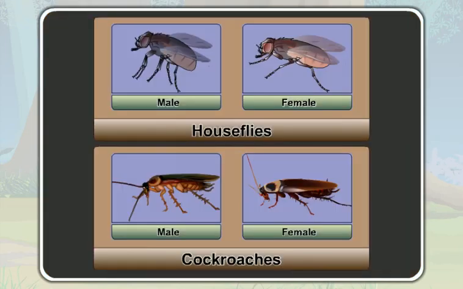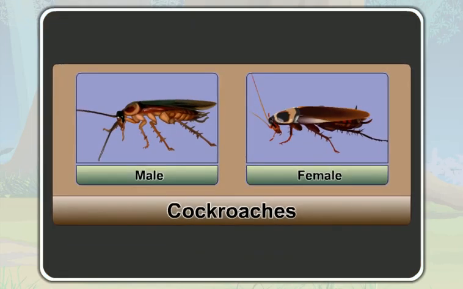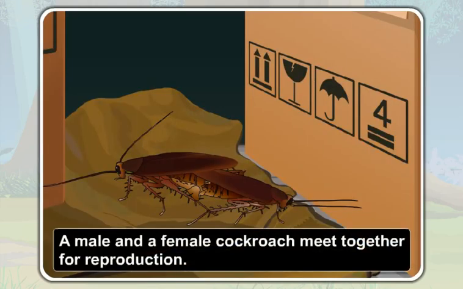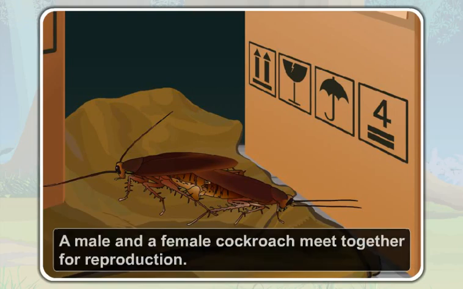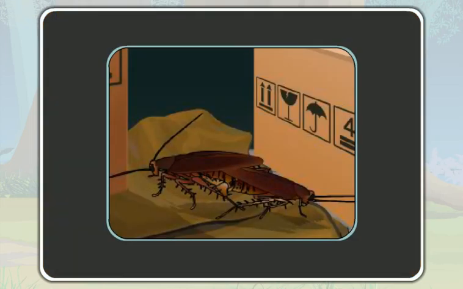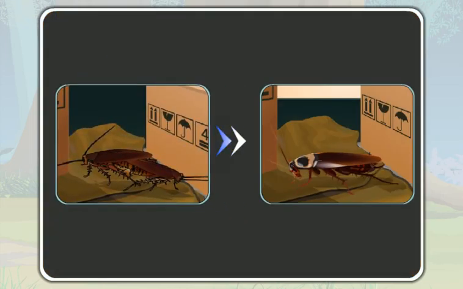Like the housefly, the cockroaches too have male and female. A male cockroach and a female cockroach meet together for reproduction. It is called mating. After mating, a female cockroach can lay eggs.